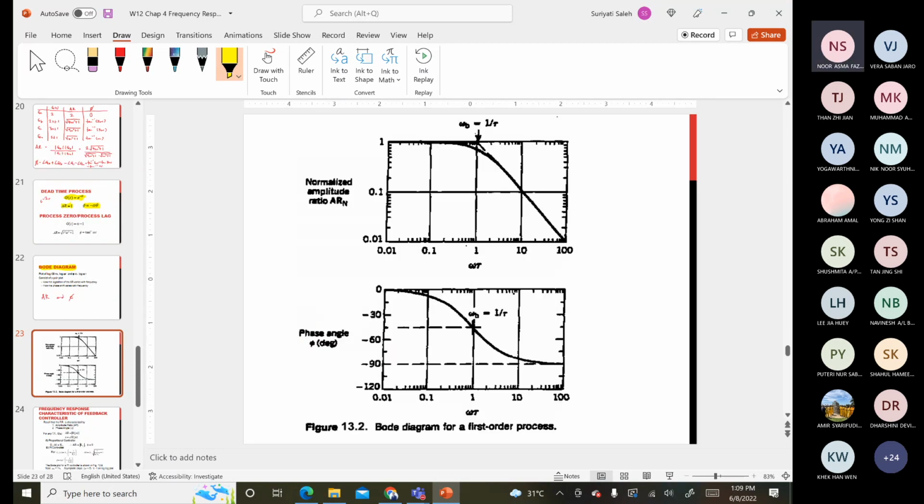So the Bode diagram looks like this, where you have two graphs, one on the top and one on the bottom. The top graph represents the amplitude ratio, AR, and the bottom one represents the phase angle in degrees.